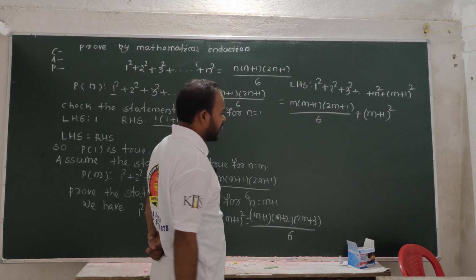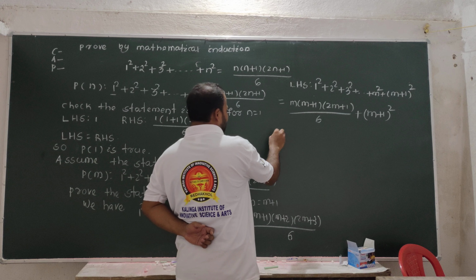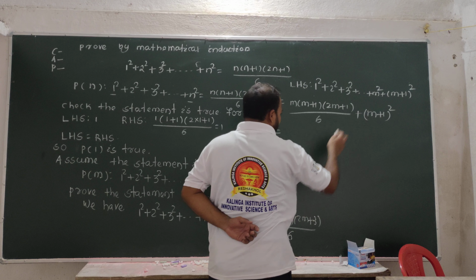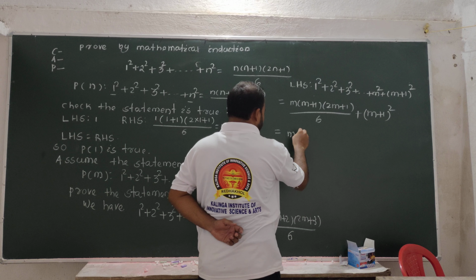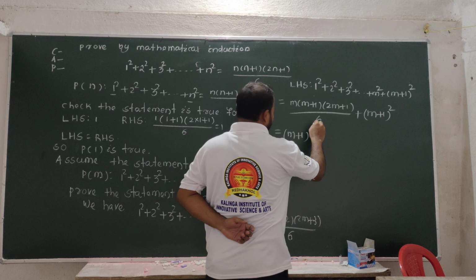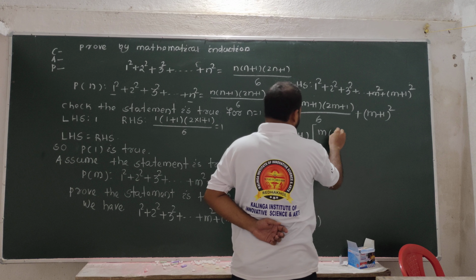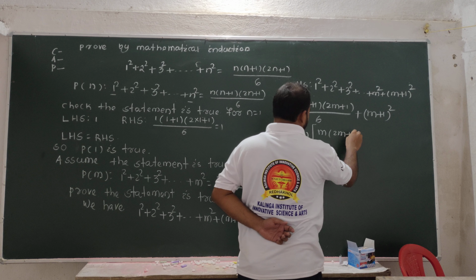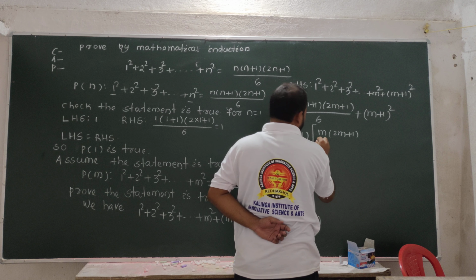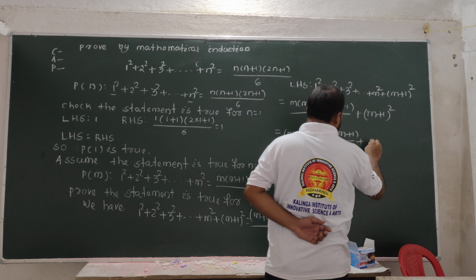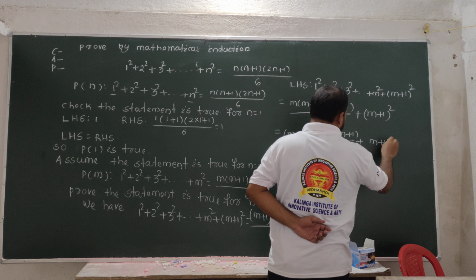Now it is equal to what? Taking m plus 1 common, we get m plus 1 into, m into 2m plus 1 upon 6 plus m plus 1.